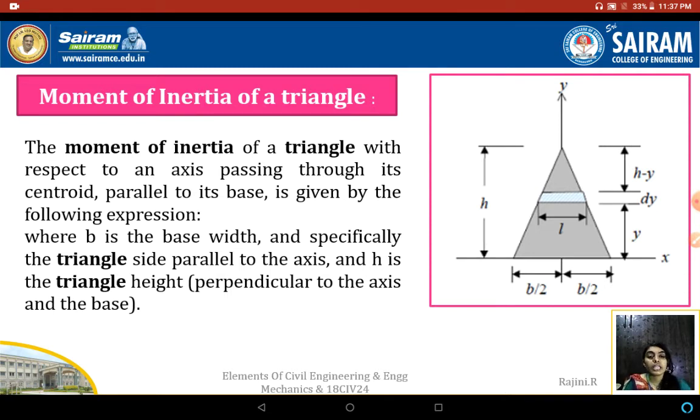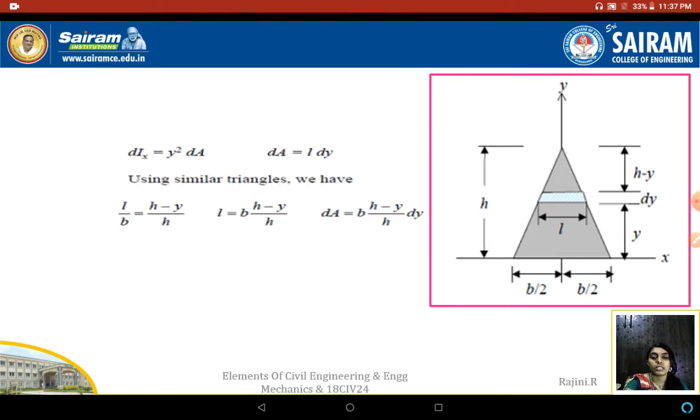We have to explain all these things: height is h, base is b, it is halved as b by 2, b by 2, the distance of this, and the thickness of this small elemental area. If they ask for 8 or 10 marks, we have to explain all these things.